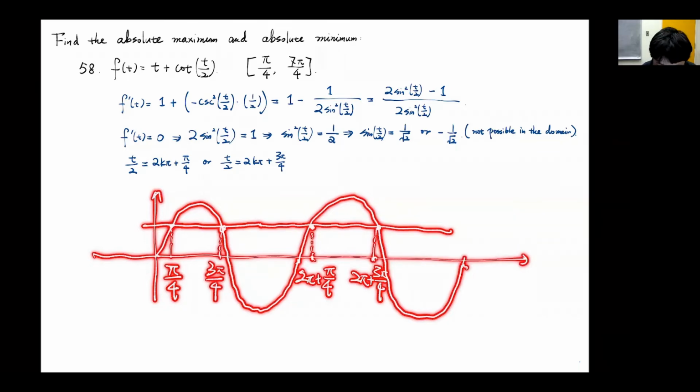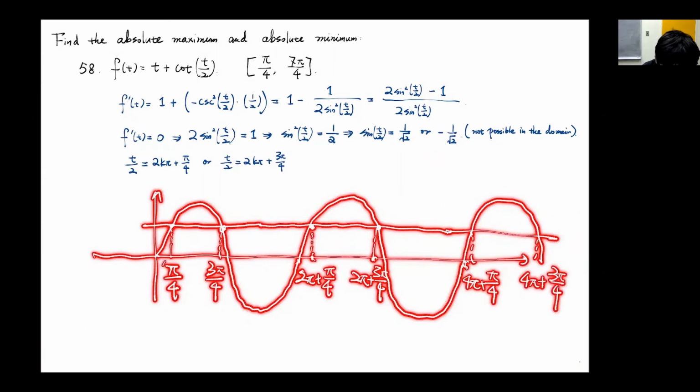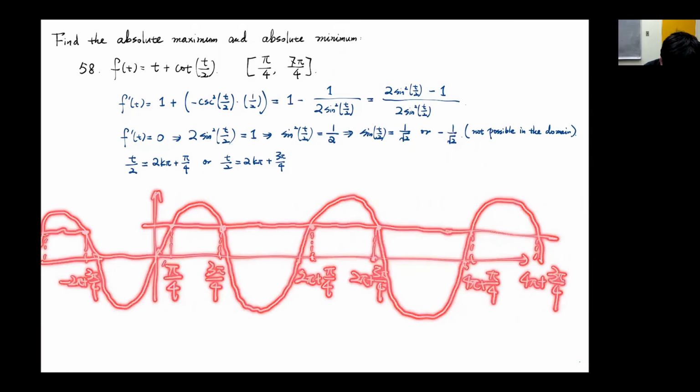And you could repeat this pattern in general. Over here, this is going to be 4 pi plus pi over 4, and then 4 pi plus 3 pi over 4. And also you could do it to the left-hand side, and you will see that these 2 points are precisely going to be minus 2 pi plus 3 pi over 4, and then minus 2 pi plus pi over 4.